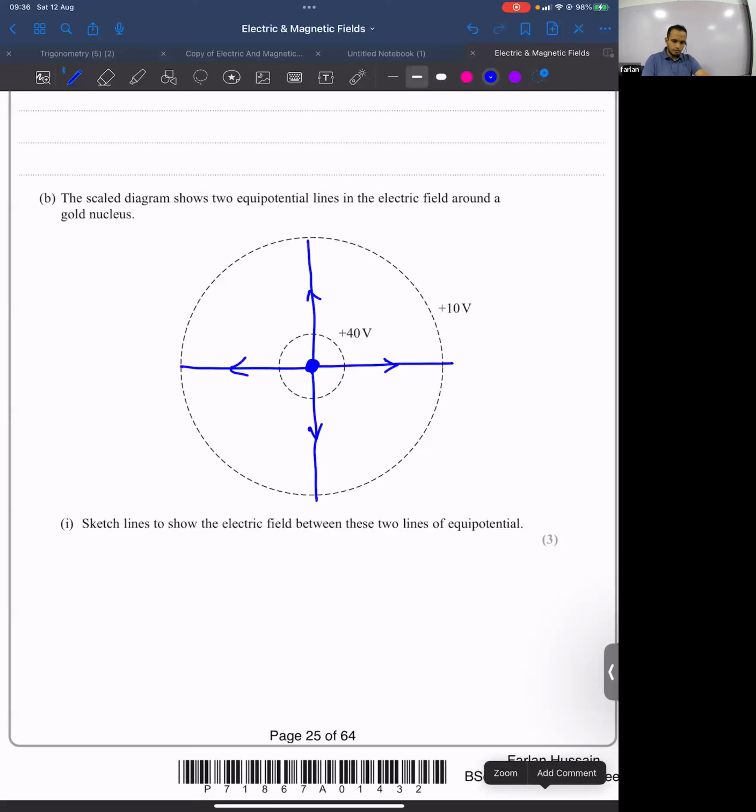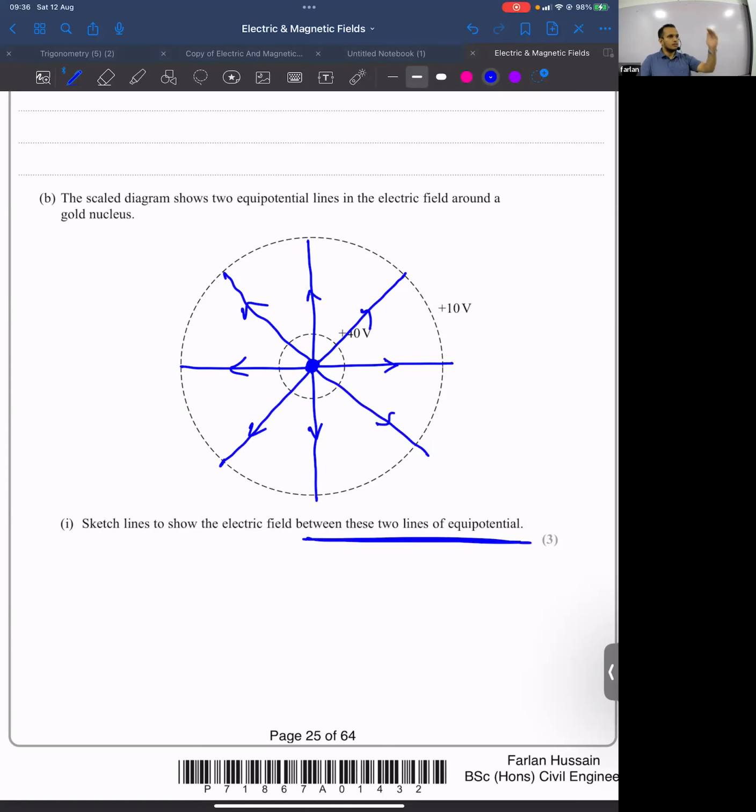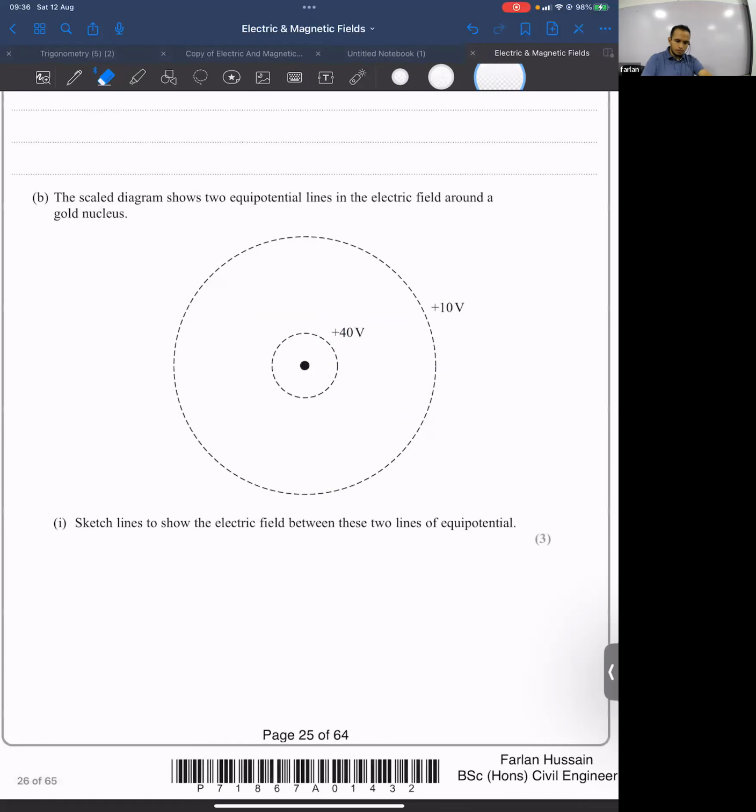But the question is to draw the electric field lines between these two equipotential lines, not from the charge itself, not from the nucleus itself. It is to draw between the field lines.